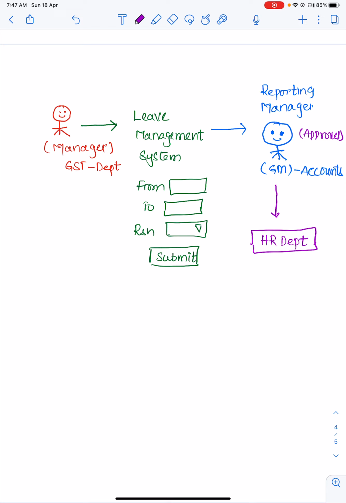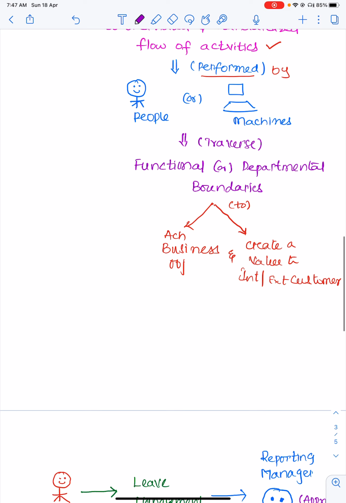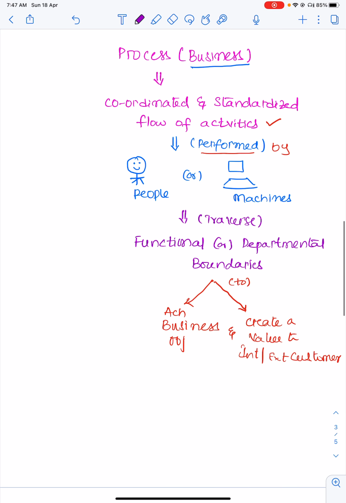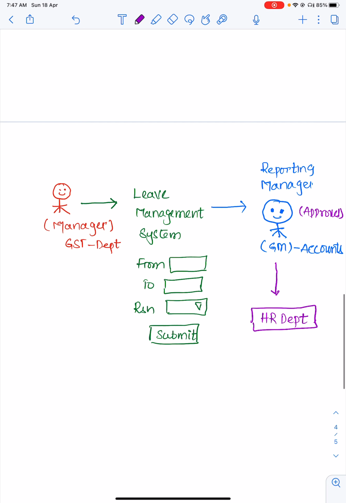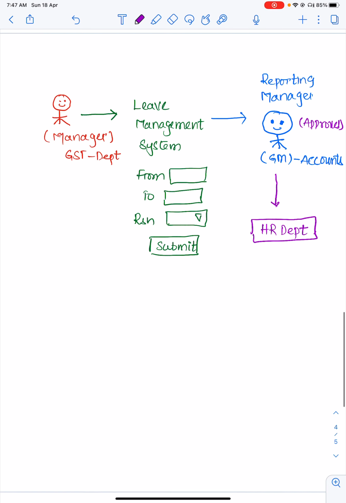Now we studied the definition of process from business perspective. In that, we studied that it consists of a coordinated and standardized flow of activities. What do you mean by coordinated?